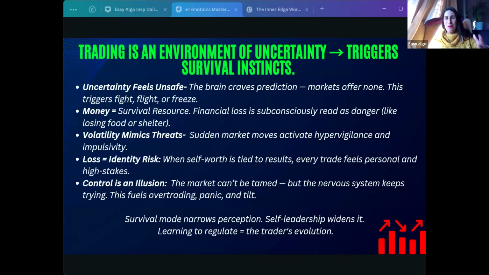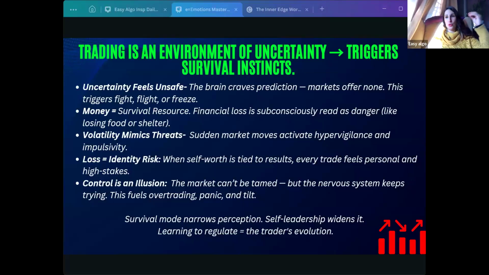We've signed up for probably one of the most volatile industries. Okay, we know that trading has a built-in uncertainty. It's just part of the game. Trading is going to trigger all of those little survival buttons that we're working so hard on, trying to be patient and focused and all these wonderful things.